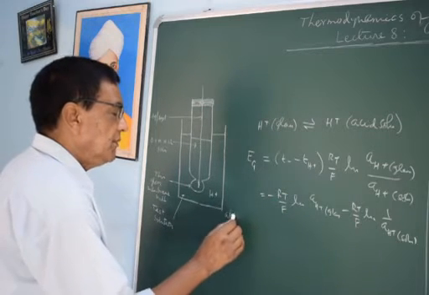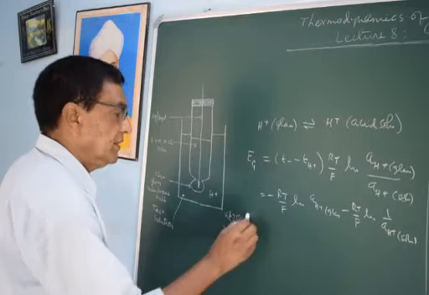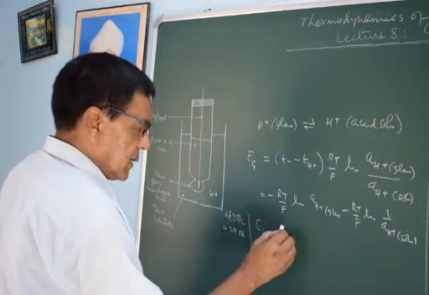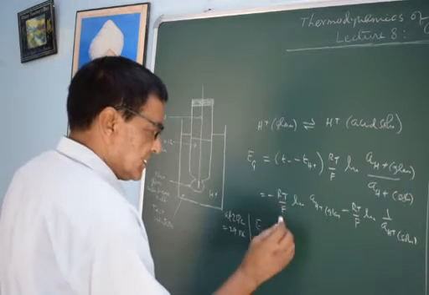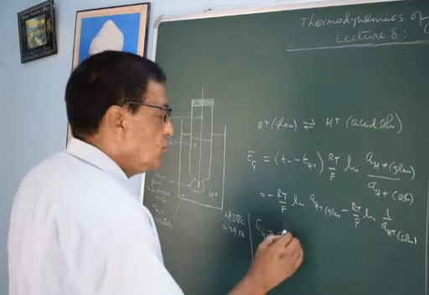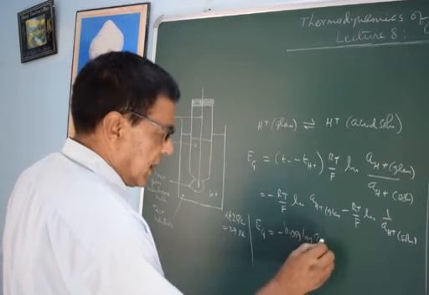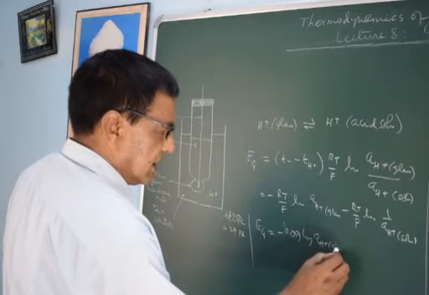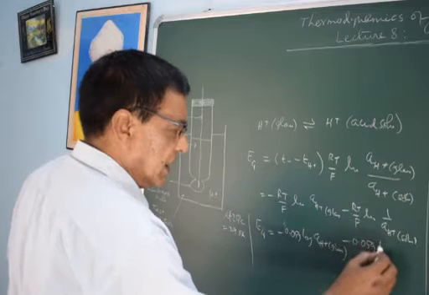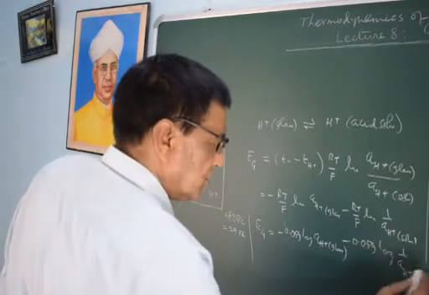At 25 degrees centigrade, or say 298 Kelvin, this is equal to minus 0.059 log activity of hydrogen ion in glass, minus 0.059 log 1 by activity of hydrogen ion in solution.